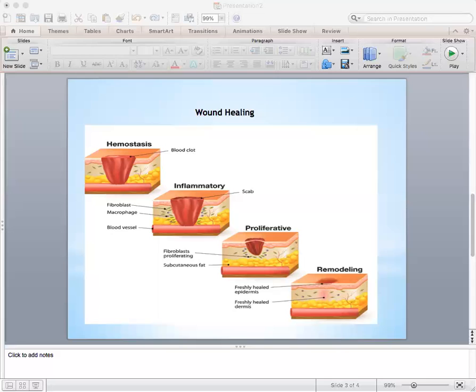In the wound healing process, inflammation has a vital role in the elimination of contaminating microbes. The process of inflammation may be long in the absence of active decontamination.